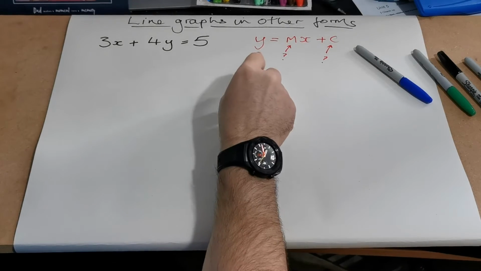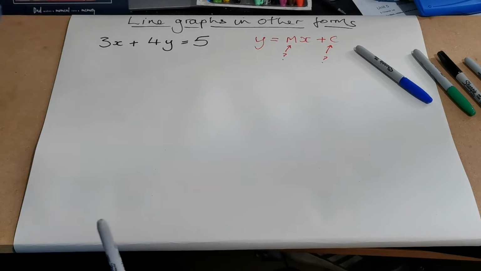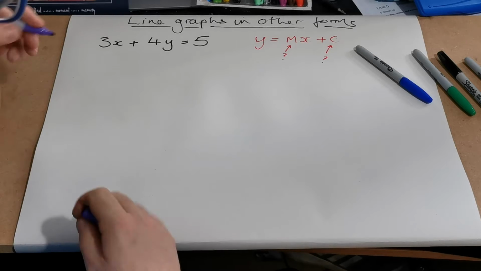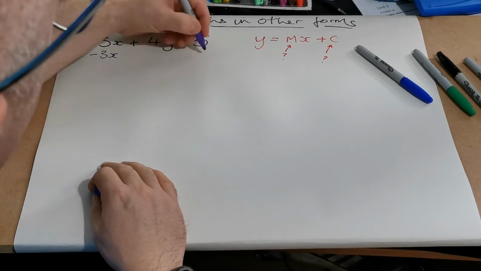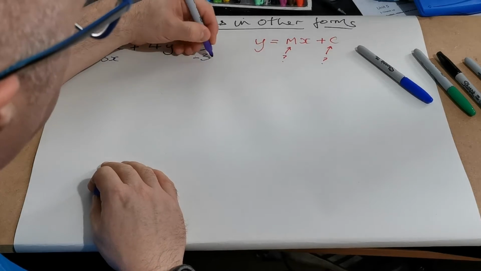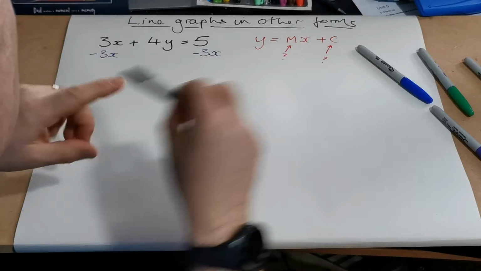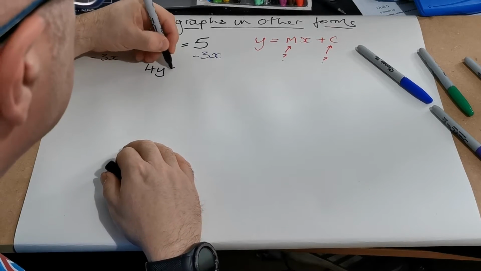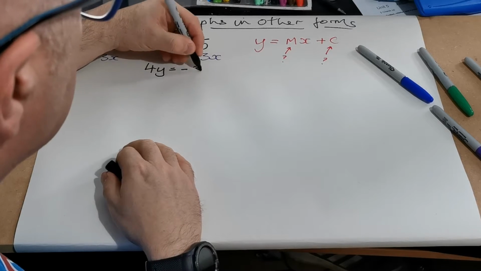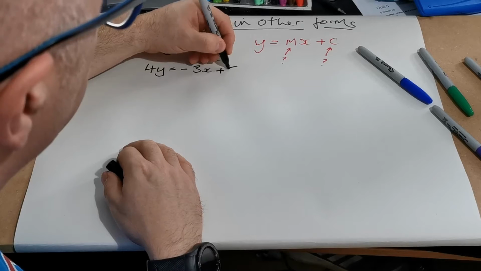So we have to do a bit of jiggling about. Now I want to be left on my left hand side with just the y bit. So I'm going to take away this 3x from this side, and of course good math tells us that we have to do the same to both sides. So I'm going to have now 4y is equal to minus 3x, and because this is positive 5 I'm just going to put plus 5 there.